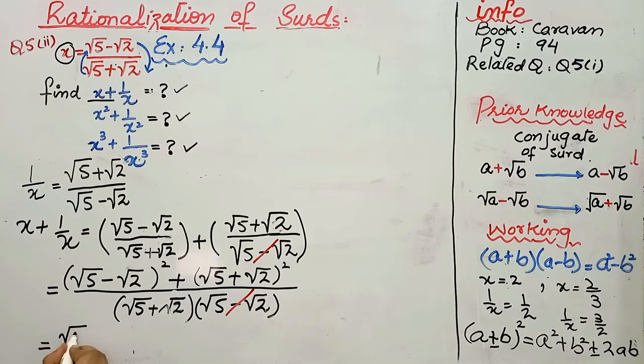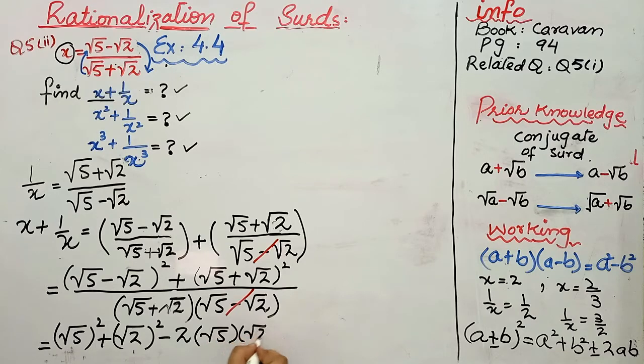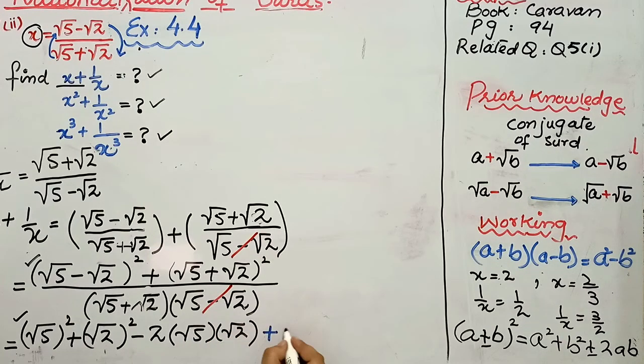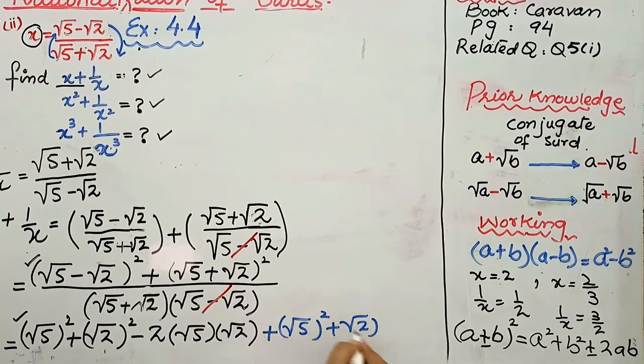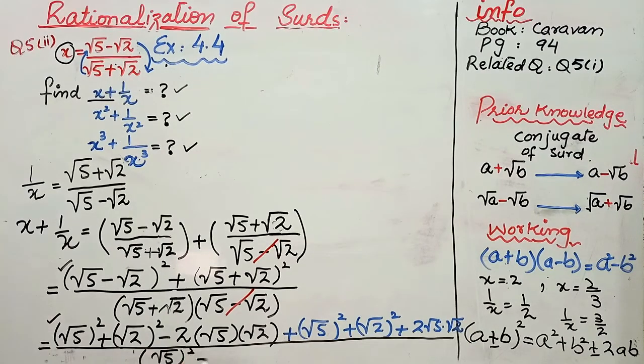So this is a square, that is under root 5 square plus under root 2 square minus 2 under root 5 into under root 2, plus under root 5 square plus under root 2 square plus 2 under root 5 into under root 2, divided by under root 5 whole square minus under root 2 whole square, as this is a plus b into a minus b is equal to a square minus b square.